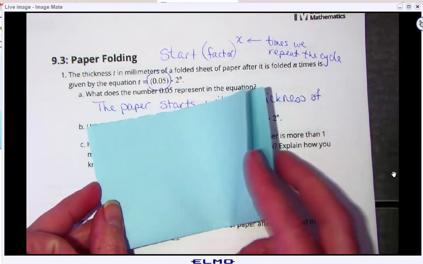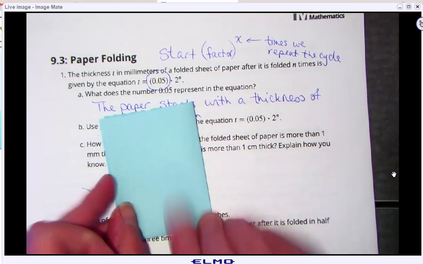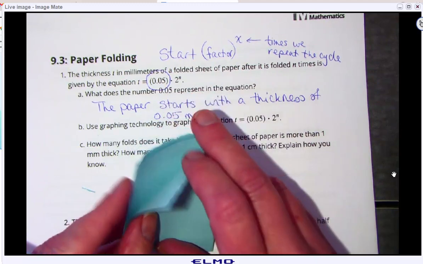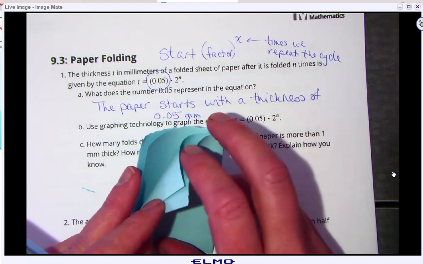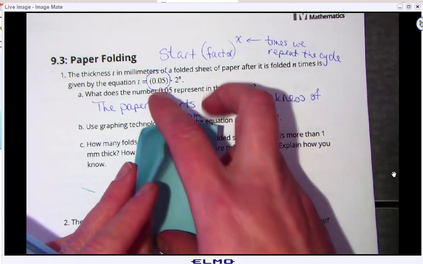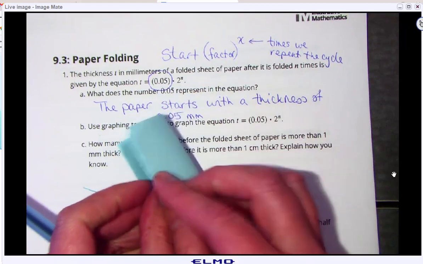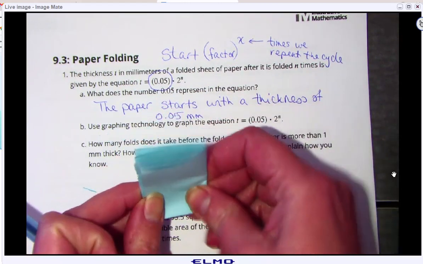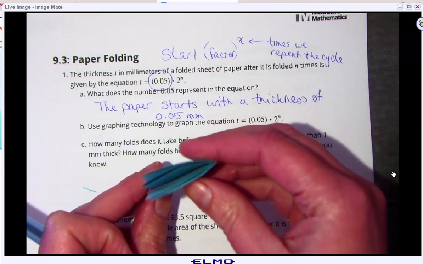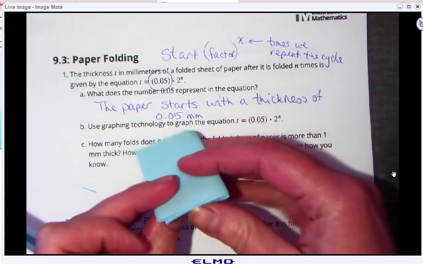If I fold it again, then I have 4 layers, each 0.05 millimeters. If I fold it again, those 4 layers become 4 layers on top of 4 layers, or 8 layers. So it multiplies by 2 again, and you can understand how this gets thicker and thicker the more we fold.